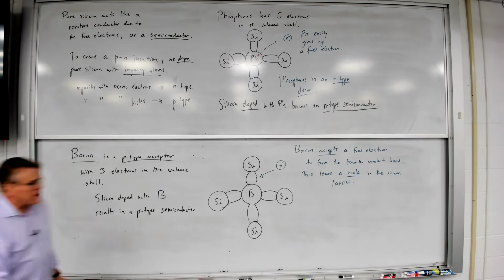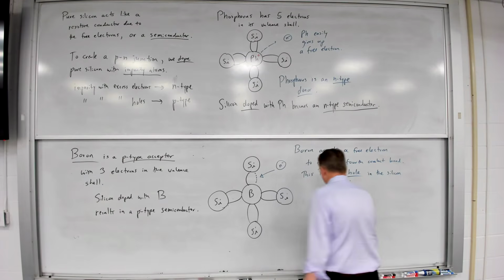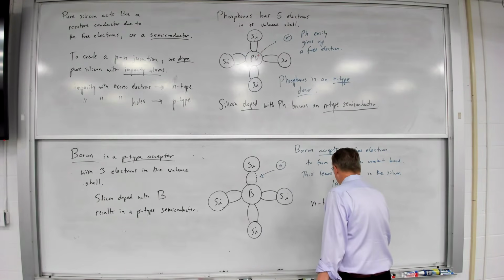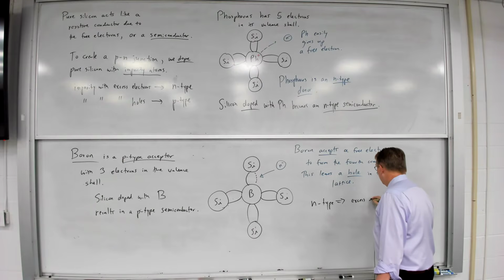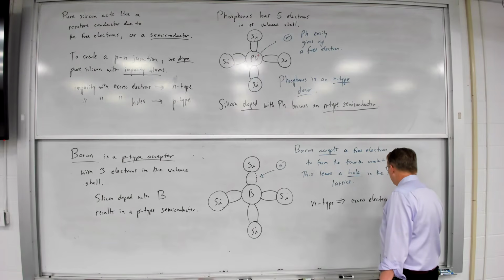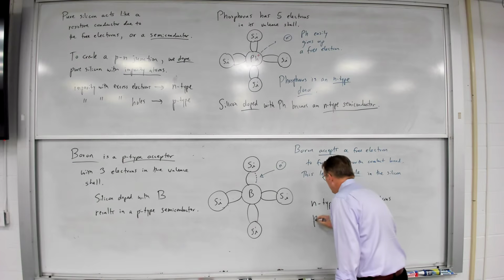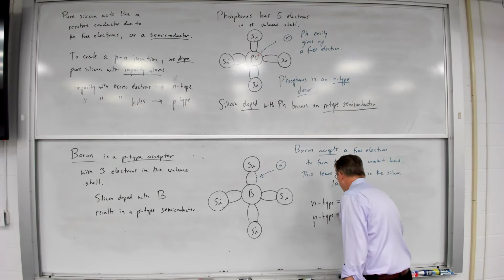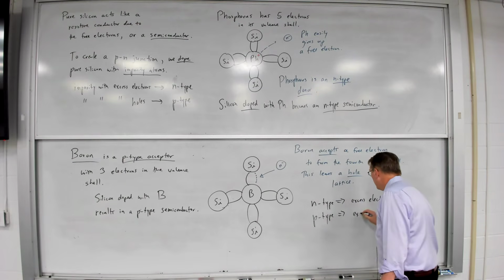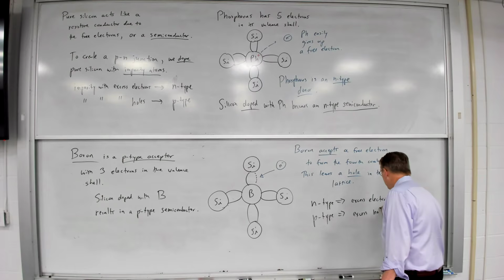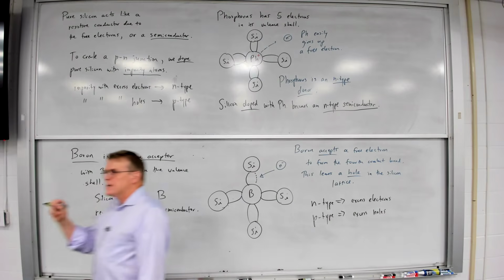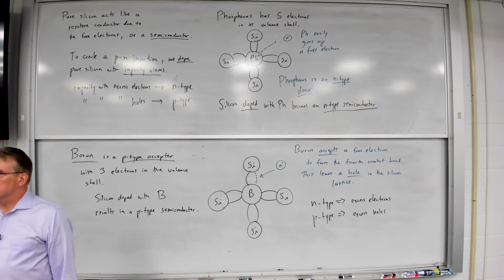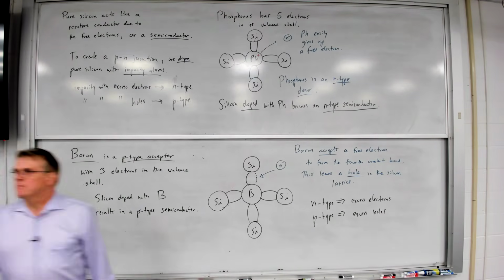So, for N-type, we have excess electrons. For P-type, we have excess holes. And both excess electrons and excess holes will be charge carriers.